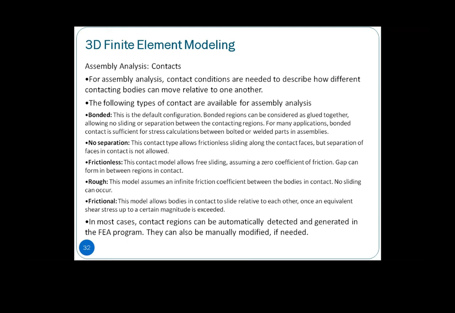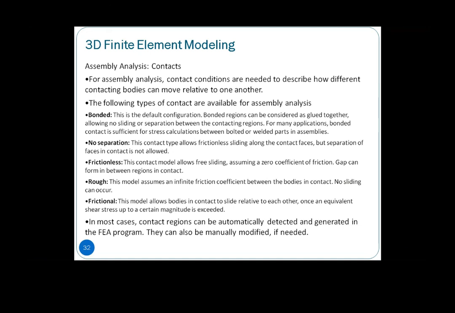Here there is no sliding. If you choose bonded, then no sliding and no separation between these contacted regions or faces is allowed. Meaning the surfaces of these two bonded surfaces are not allowed to slide as well as separate from each other.